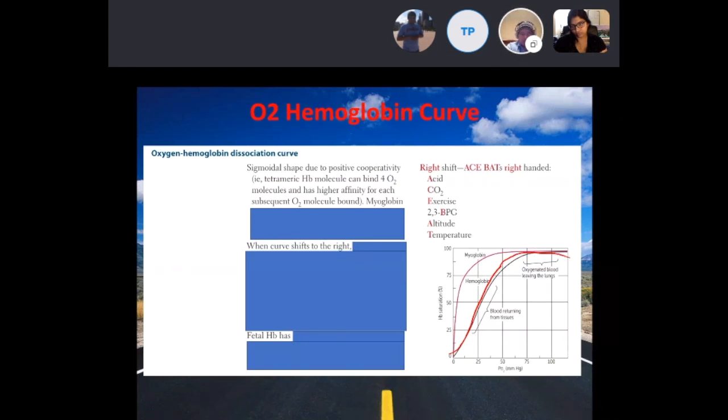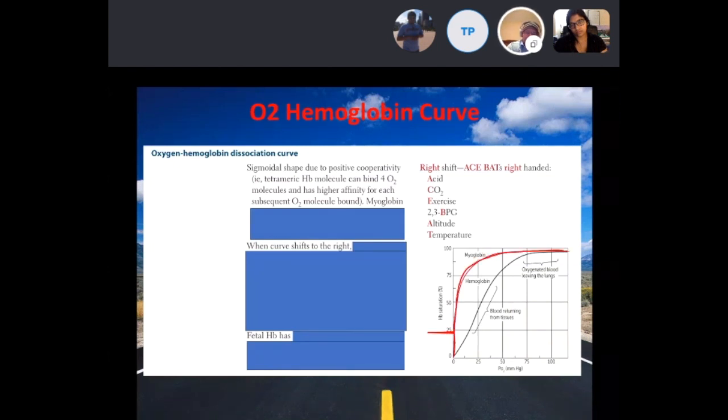This never really shows it very well, but if you want to think of it more like this, where you actually see a sigmoid to the curve, just a little more discrete there.